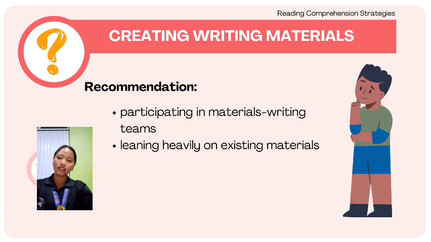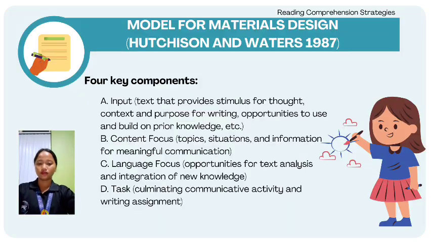On the other hand, leaning heavily on existing materials such as textbook, online resources, and reference guides saves time and provides a solid foundation in instruction. Teachers can adapt these resources by modifying, simplifying, and or supplementing them to better suit their students' proficiency levels and writing goals. Both approaches contribute to the development of effective, relevant, and accessible writing materials.